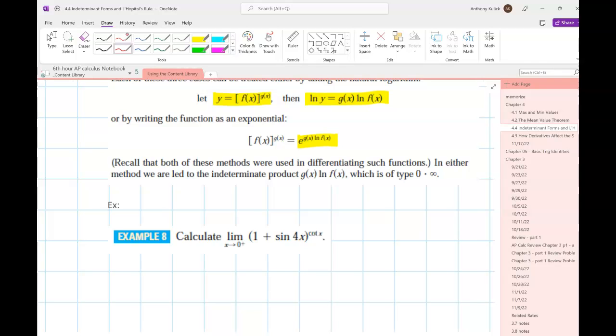So this is an indeterminate form. So this is what we do. We're going to take the natural log of both sides. That allows me to move the exponent down to a coefficient.